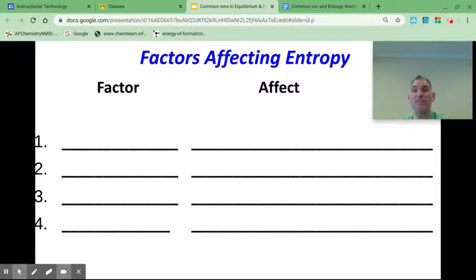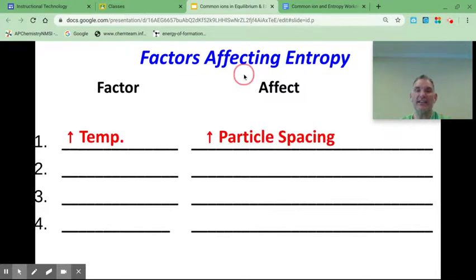But if there's a lot of space, S, then it's high. Which means if I wanted to increase entropy, it's easy to do. As we saw on the last slide, if I increase temperature, particles get further apart, solid to liquid to gas.